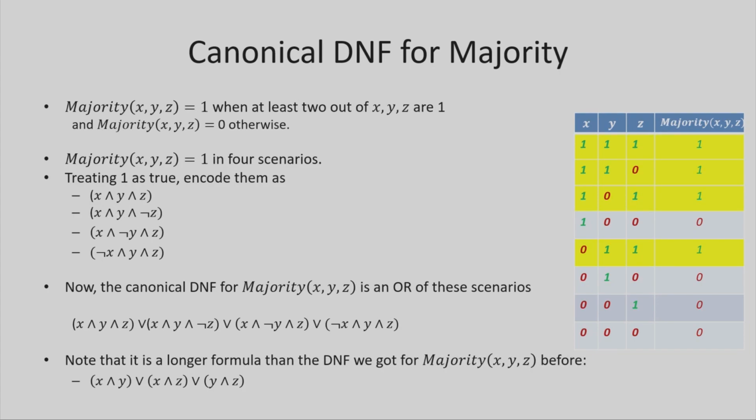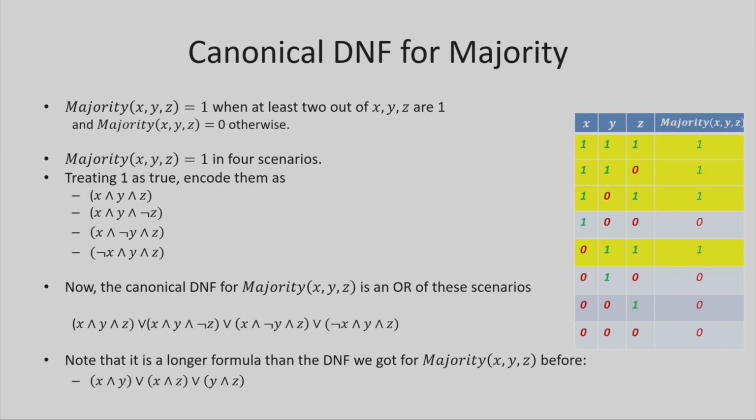So here's how we write those scenarios down. The one where all of them are 1, we write as x and y and z. And now I'm just abusing the notation by treating x, y, and z as true and false rather than 0 and 1, because I'm really thinking of a 0 as a false and 1 as a true.